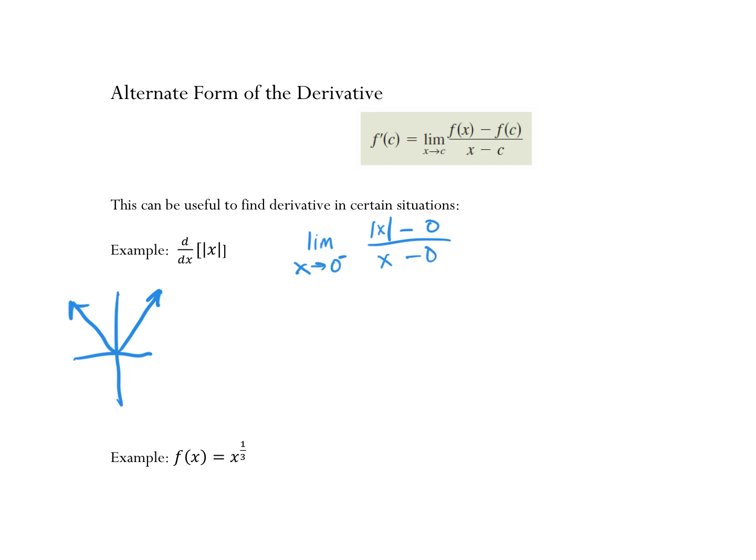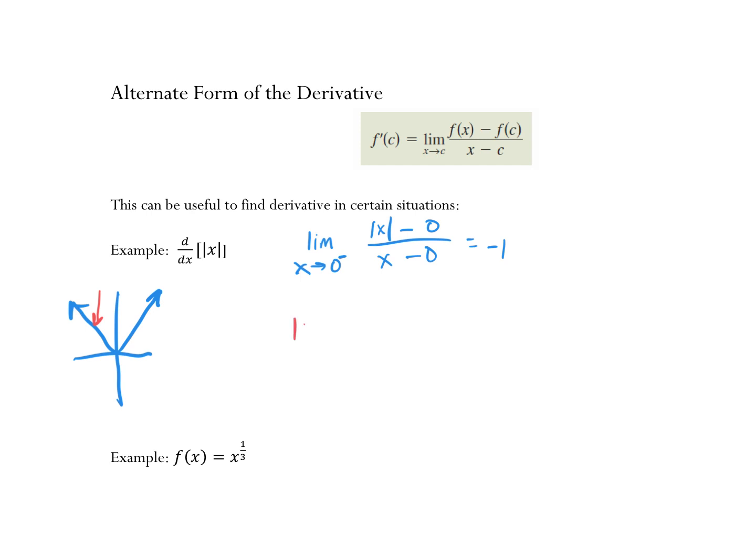And if I'm approaching 0 from the left, what is the value of this? Negative 1. Top would be positive, bottom would be negative, otherwise they're the same thing, yeah? And what is the slope of the left side of the graph? Negative 1. That makes sense, right? That the derivative would equal negative 1.